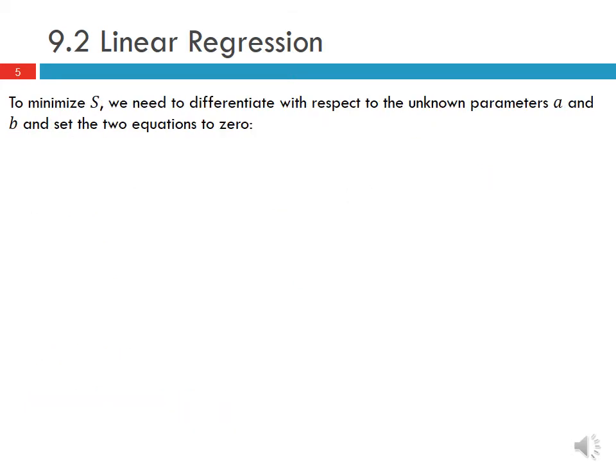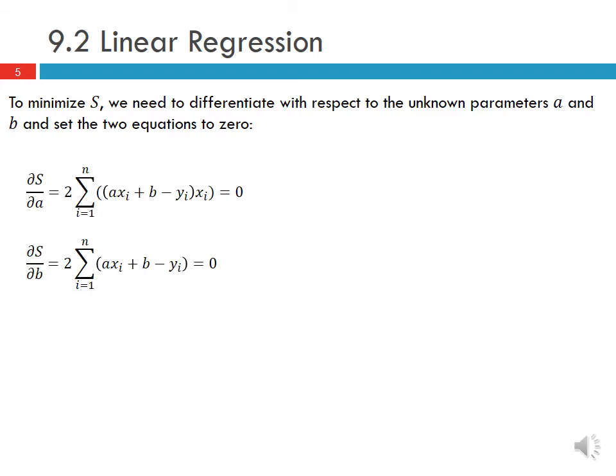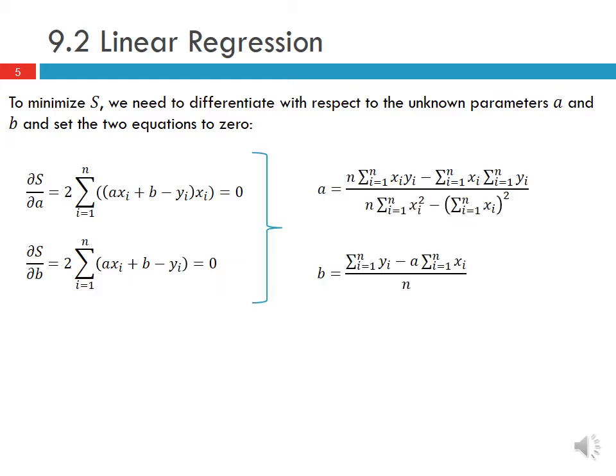So to minimize S, we need to differentiate with respect to the unknown parameters a and b and set the two equations to 0. So partial S by partial a has the form shown here, and partial S by partial b has the form shown here. So we set both of these equations to 0. This gives us two equations for our two unknown parameters, a and b.